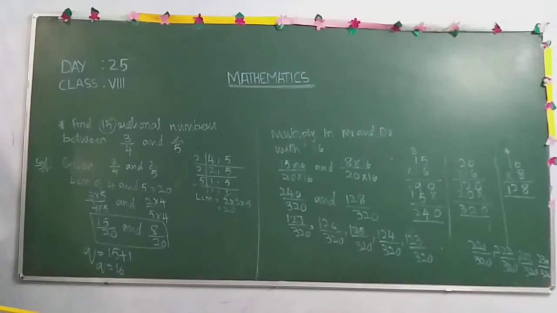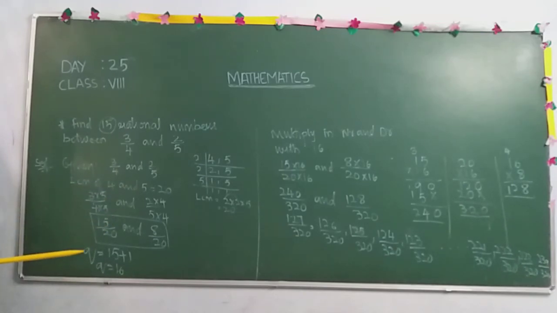First step is we need to add 1 to the number of rational numbers asked in the question. The second step is we have to multiply. Here also we are doing the same thing. We are adding 1 to the number of rational numbers we need to insert, then after that we are multiplying. This is the one extra step we are doing here: we are making the denominators the same.